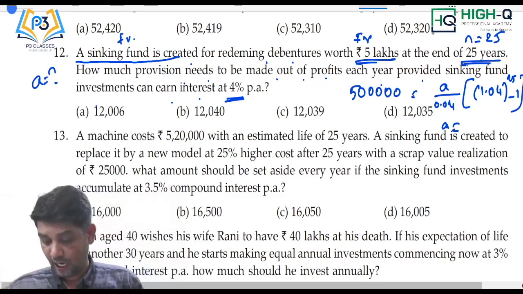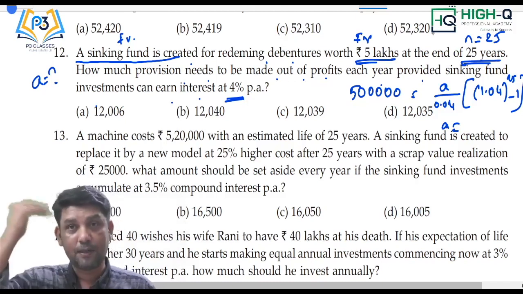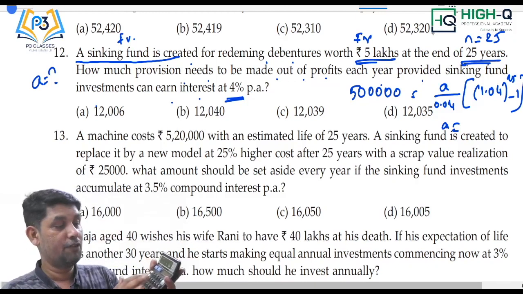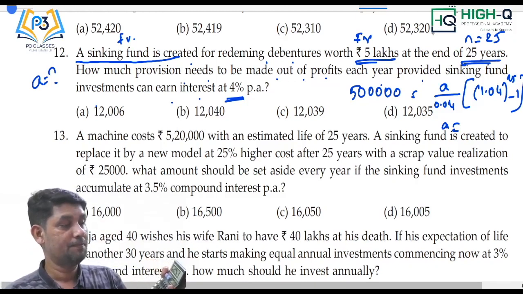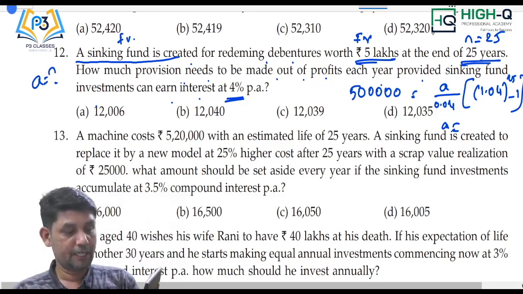You can even write this step mentally. That is what I want you to do. 1.04 to the power 25, minus 1, divided by 0.04, into 5 lakhs.